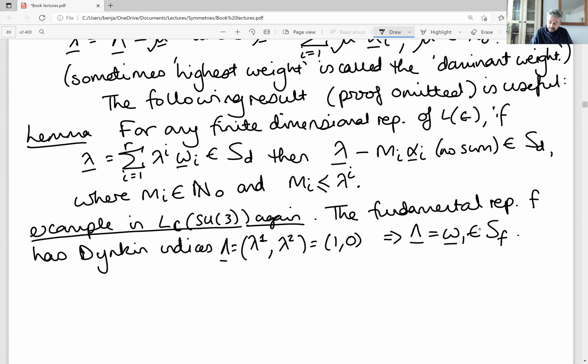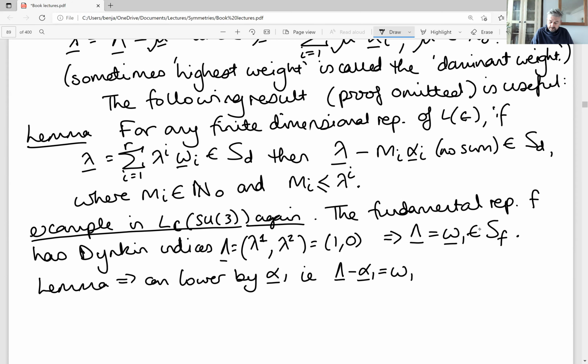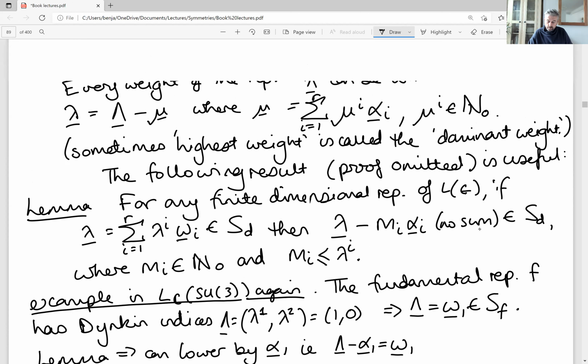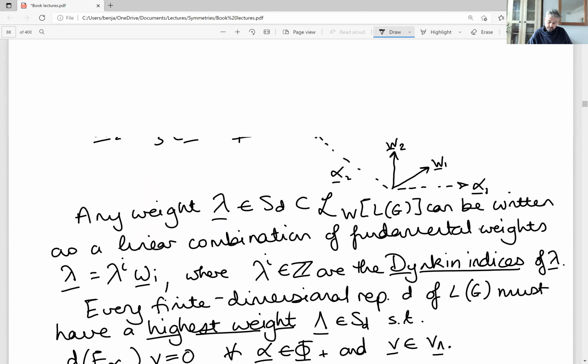So now our lemma tells us that we can lower by alpha 1 once. So in other words, we take lambda minus alpha 1. Remember we derived what alpha 1 and alpha 2 were in terms of the weights.